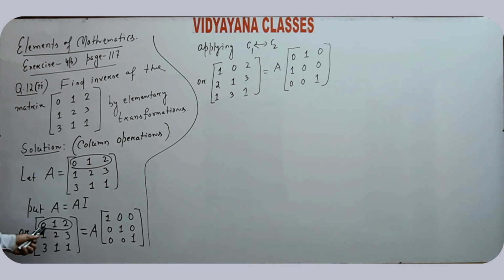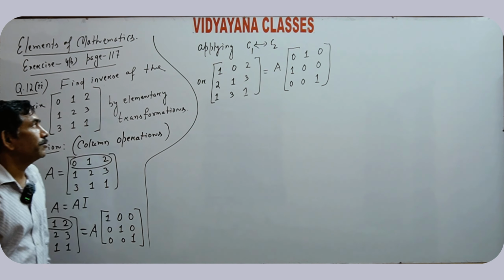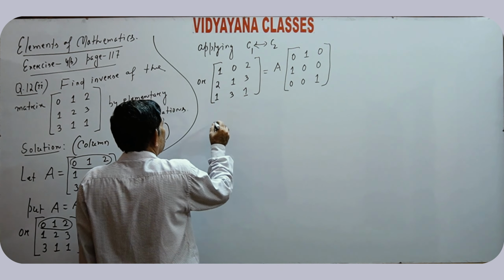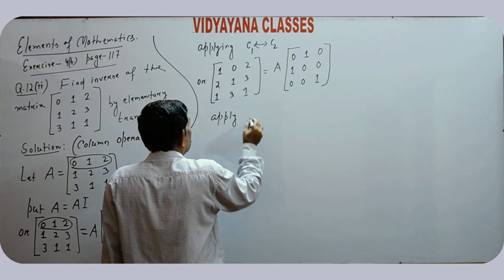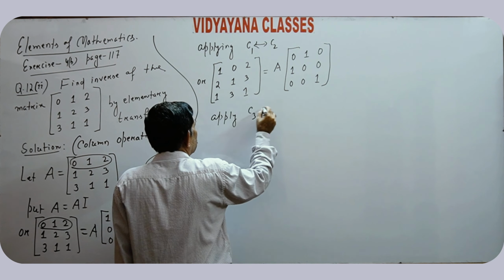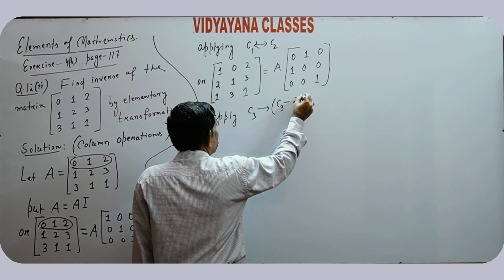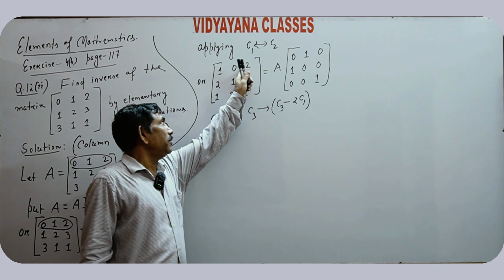First we will find the elements of row 1 as 1, 0 and 0 using column operation. Applying C3 replaced by C3 minus 2 times C1, so that it will be 0.